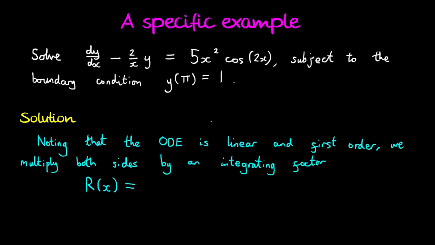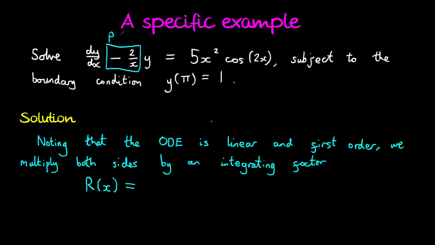The solution would start by saying, right, let's note that the ODE is linear in first order, as we've just said. Therefore, we're going to multiply both sides by an integrating factor, r of x, and now we have to figure out what that integrating factor is. So we said that it was always e to the integral of p of x dx. And p of x is whatever the coefficient of the y term was once we'd rearranged it into this particular form.